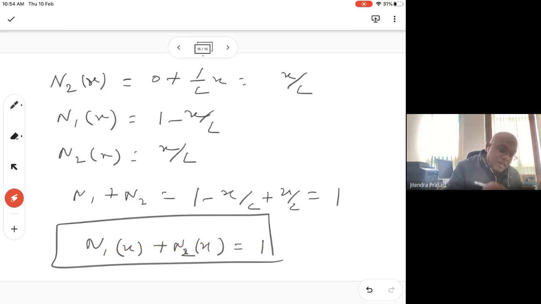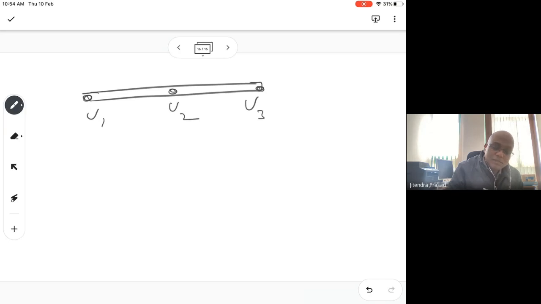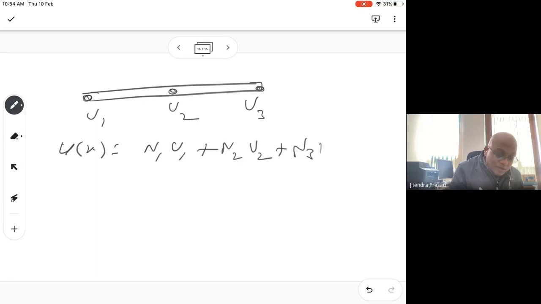Okay, so before we leave, I just want you to think about it. Tomorrow we will do it. If you have 3 noded elements, then how will you write U? So this is U1, this is U2, this is U3. Accordingly, you will have Ux is N1 U1 plus N2 U2 plus N3 U3.